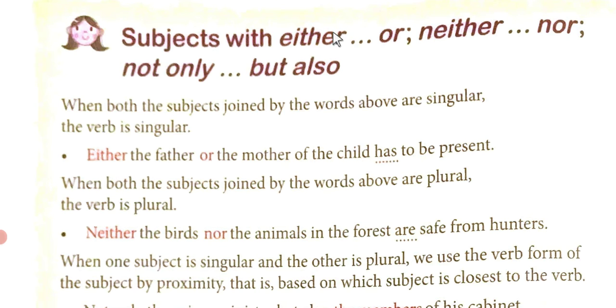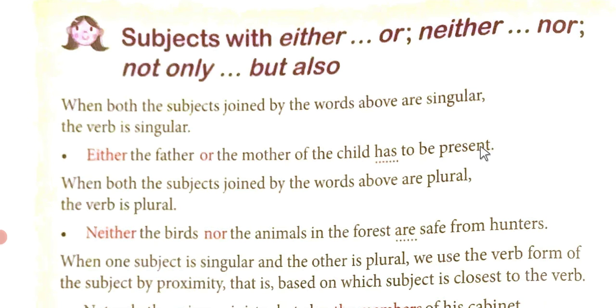Please see the first example, either...or: either the father or the mother. Both are singular. The father is singular, and the mother is also counted as singular.